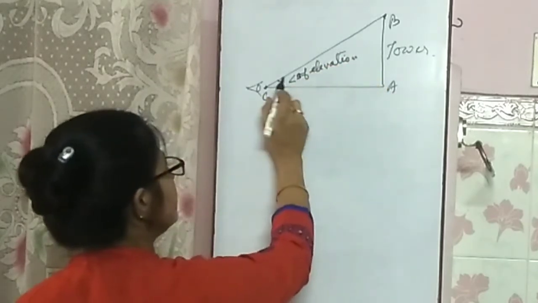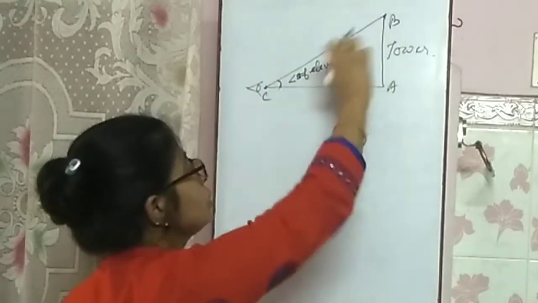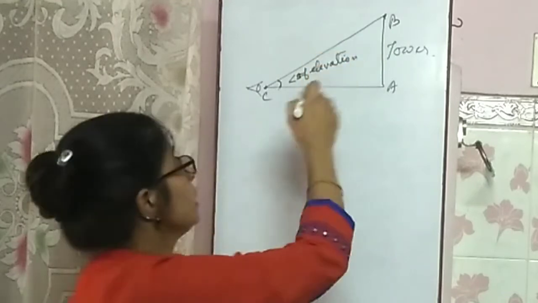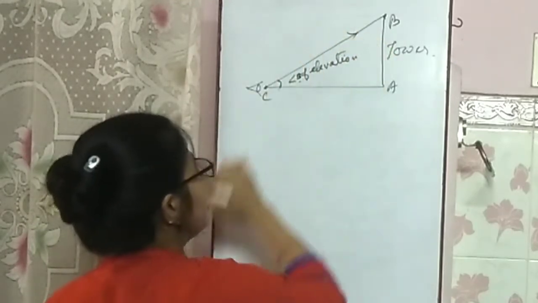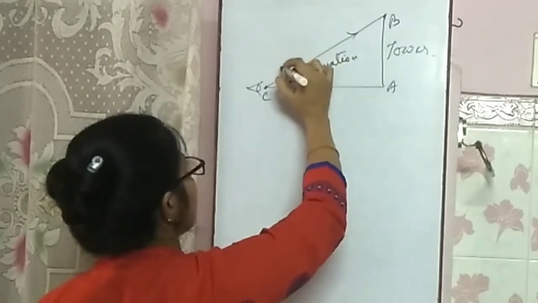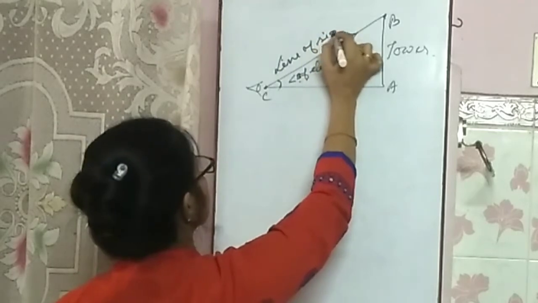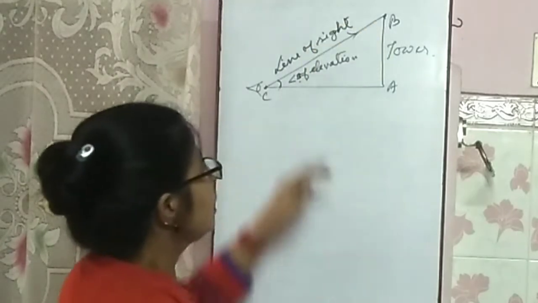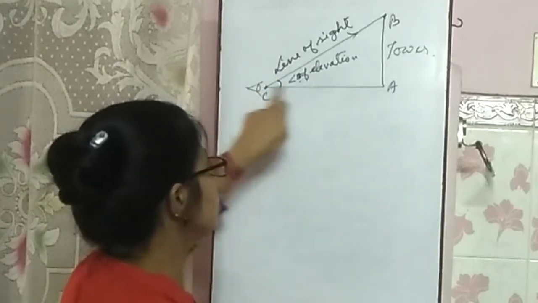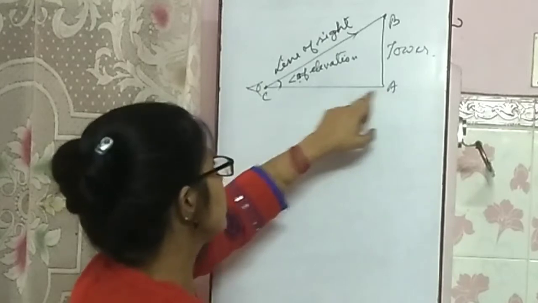When someone is noticing from the horizon to a height, then that angle is called the angle of elevation, and this line is called the line of sight. And this is the eye position, and it is at a distance of AC.